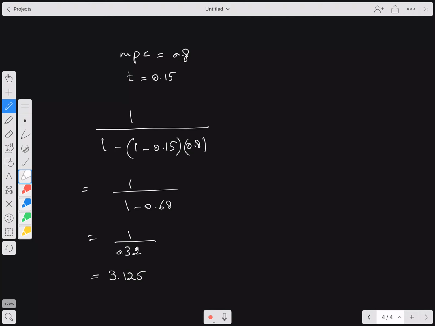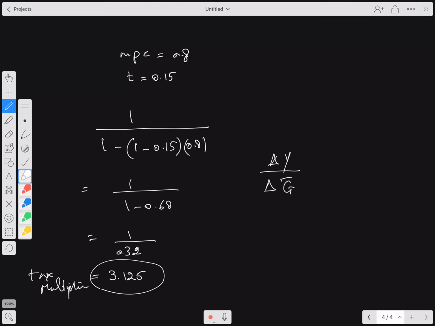Okay, so the tax multiplier is equal to 3.125. That means if I'm looking for a change in Y because of a change in one of the autonomous spending, investment or government spending, or any other factor, let's take government spending, for example.